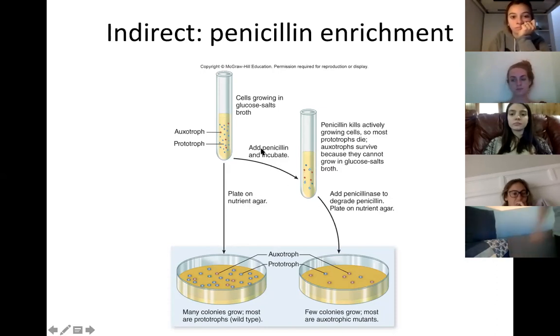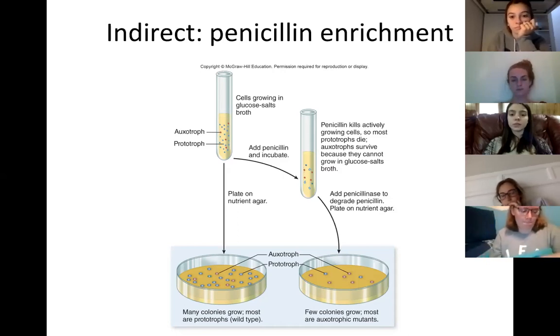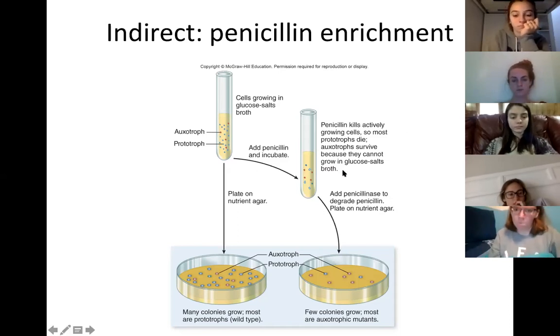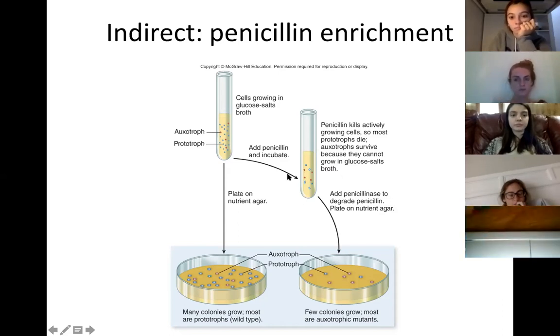A little bit of a trick is you can actually add penicillin to this tube. And when you add penicillin to this tube, it's going to kill the wild type because they're able to divide. And it's going to, for the most part, leave the mutants alone because they're not able to divide. Since they're not dividing, they're not building new cell walls, and penicillin doesn't really do anything to them, right?